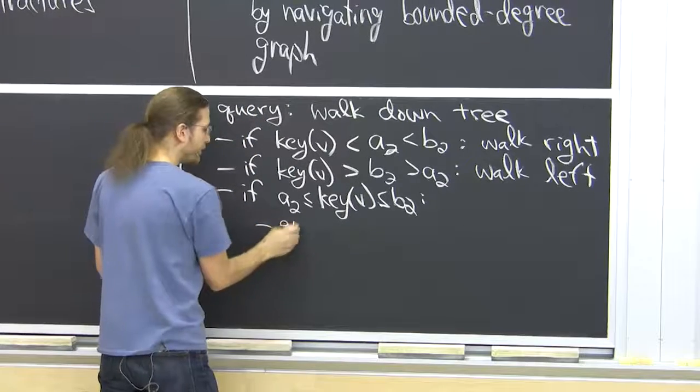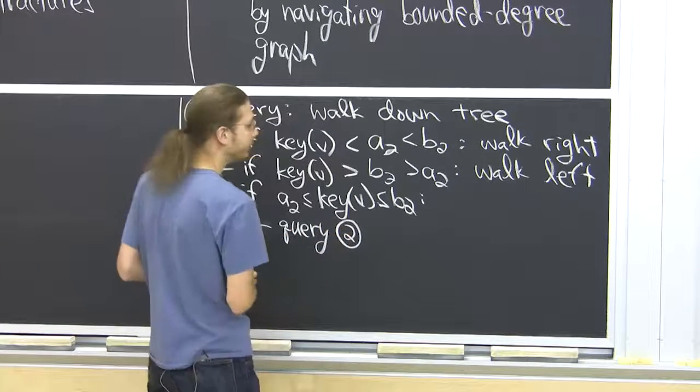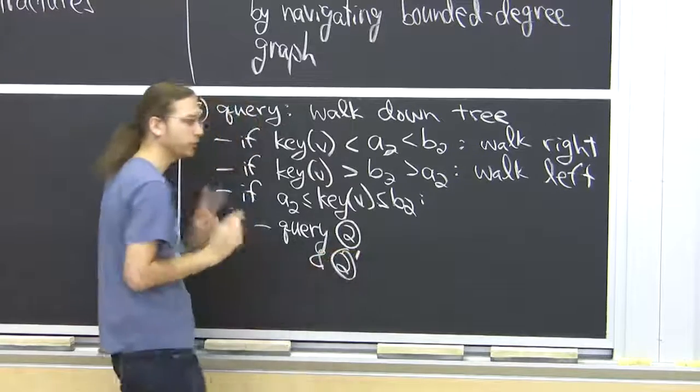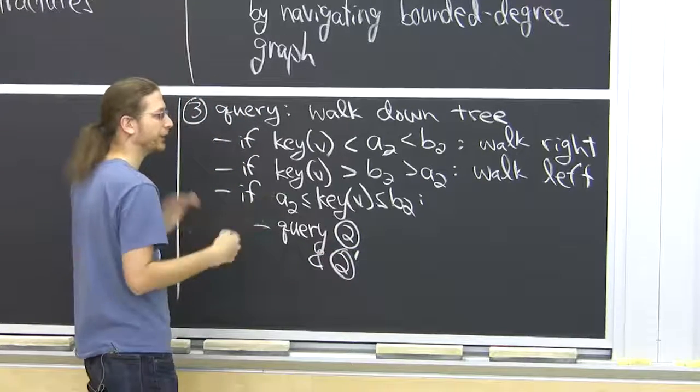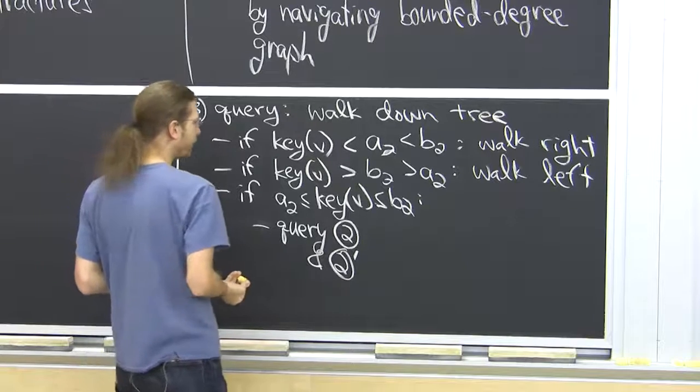I want to query the 2 data structure. 2 is the right number, yeah. And I want to query the 2' data structure. So I'm going to do 2 calls to data structure 2, and so I only get a constant factor blow up. And what could I possibly search for?